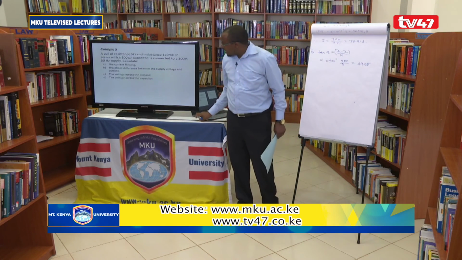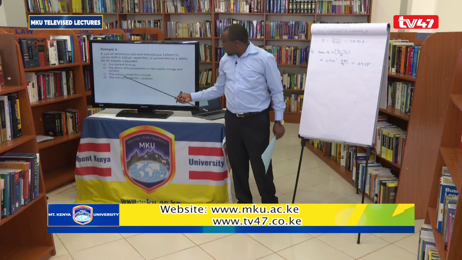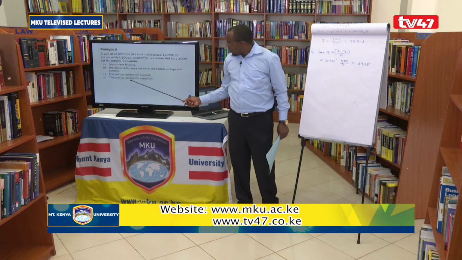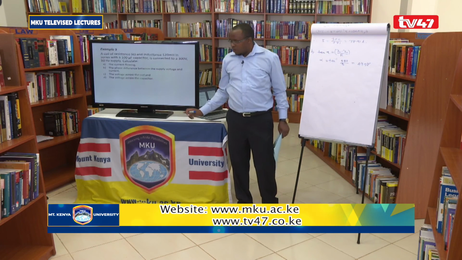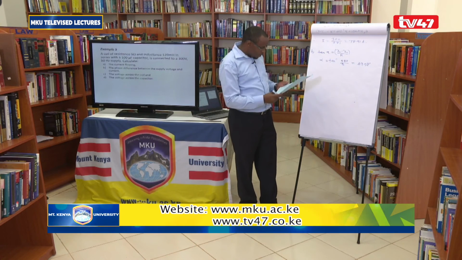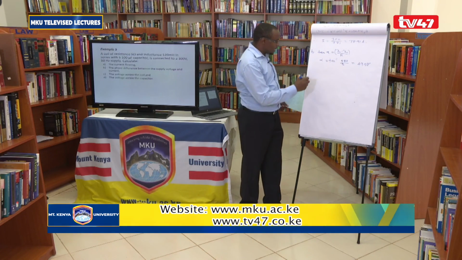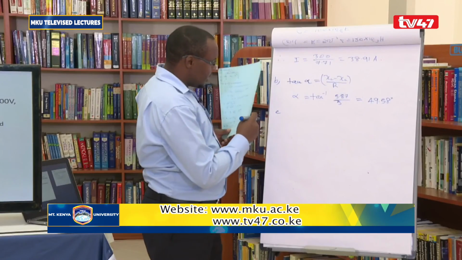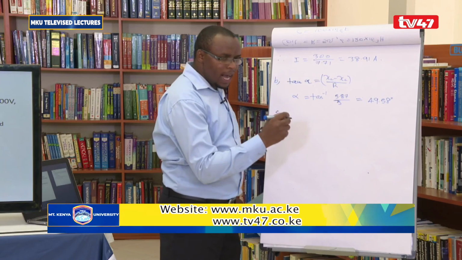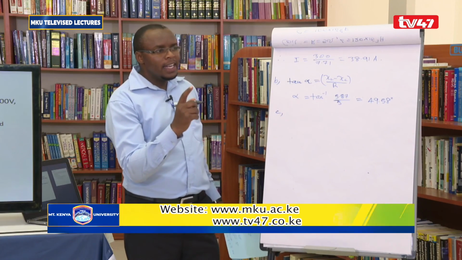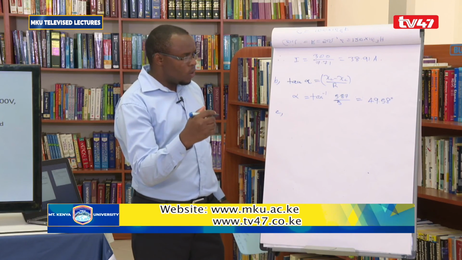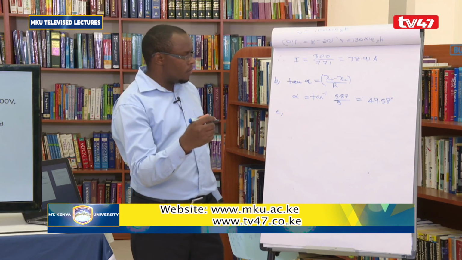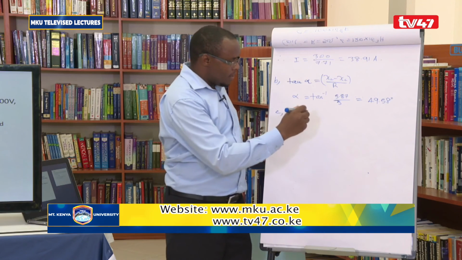Then when you look at part C, you get the voltage across the coil and the voltage across the capacitor. So the voltage across the coil, as we are going to see, this is our part C. Remember, here we have the whole resistance of the coil.